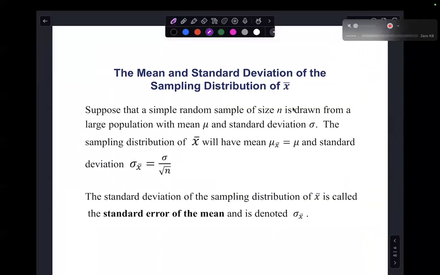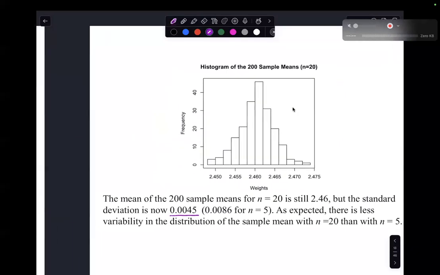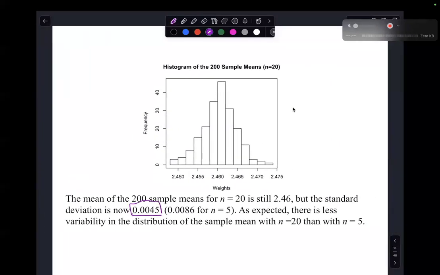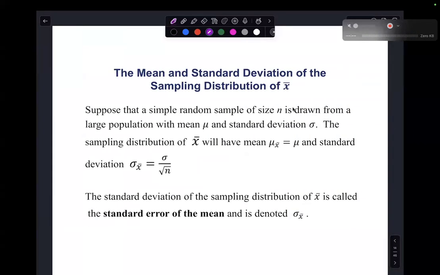So the standard deviation, we can see that we have these numbers here, and we could put all of these samples into the calculator and run the standard deviation and everything, but that's going to be a lot of work. So we have a formula for it. This formula right here gives us the standard deviation, also known as standard error.